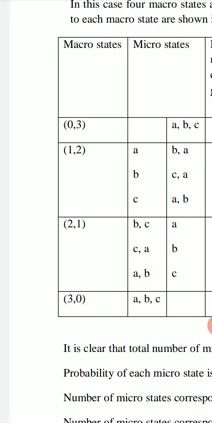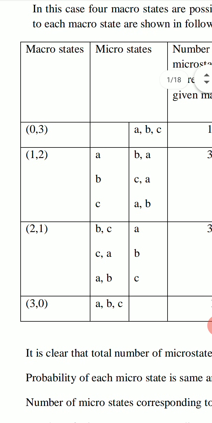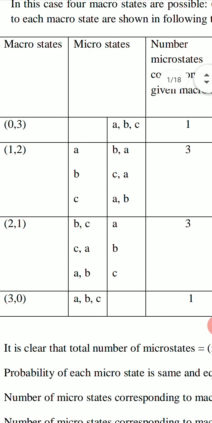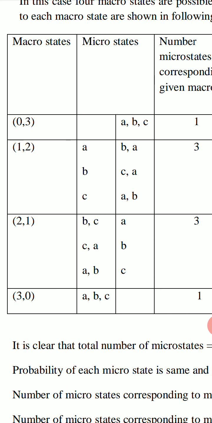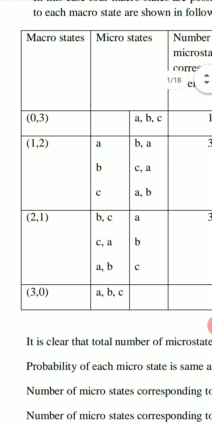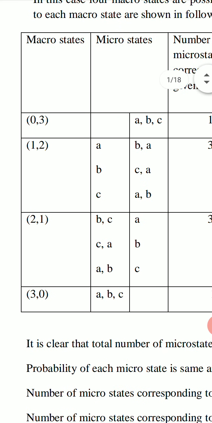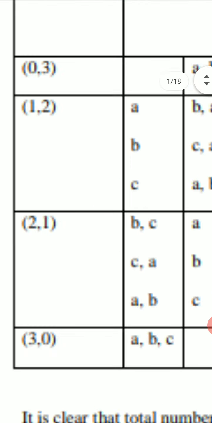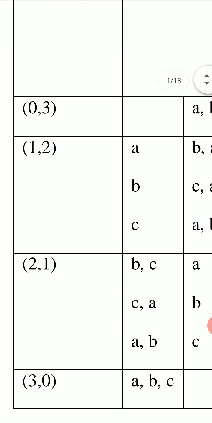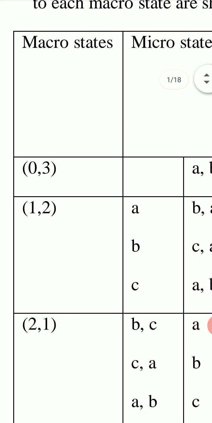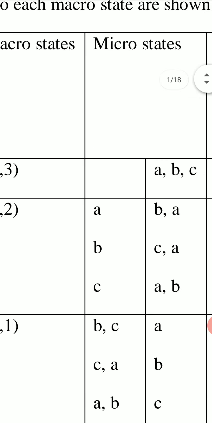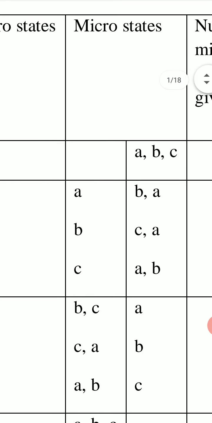When we talk about a particular particle, then the state is microstate. For example, if we have macrostate 1, 2, number of particles in box 1 is 1 and number of particles in box 2 is 2. Then 3 microstates are possible.